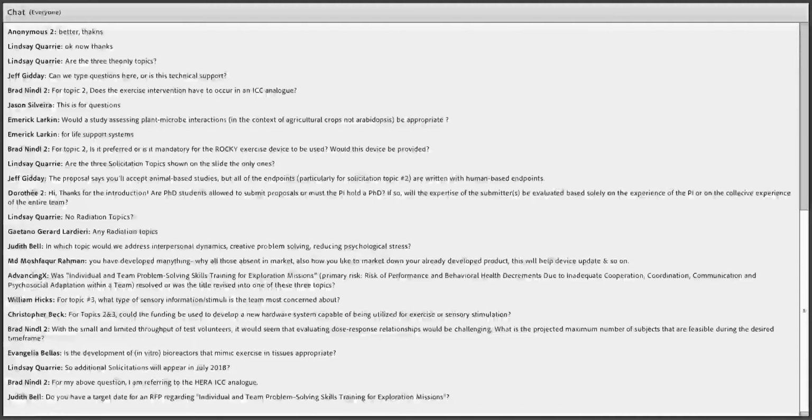Now, the next one is ONS2. With the small and limited throughput of test volunteers, it would seem that evaluating dose-response relationships would be challenging. What is the projected maximum number of subjects that are feasible during the desired time frame? It depends on if you're proposing a flight study. Okay, sorry, in HERA. Typically we look across a campaign with regard to HERA, and a campaign is typically 4 different missions of 4 individuals each, for a total of 16.